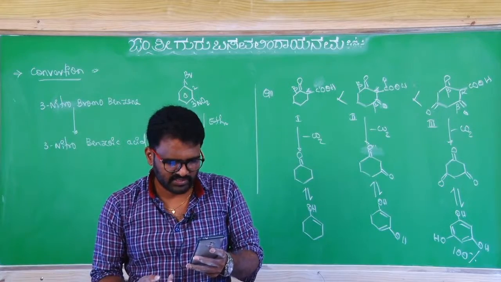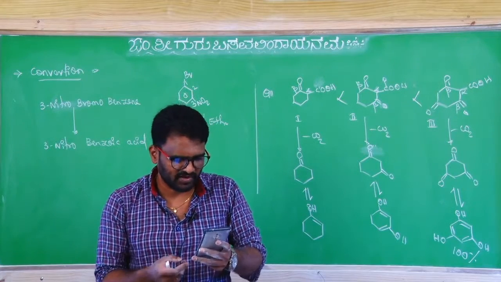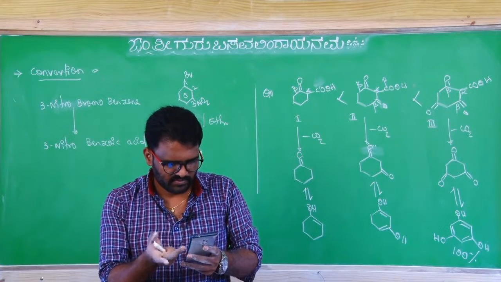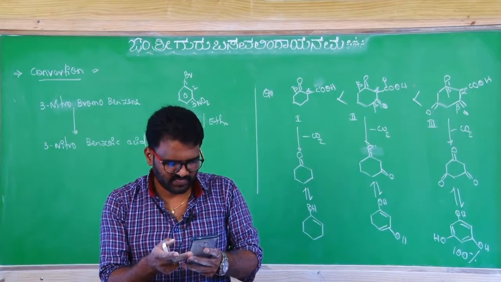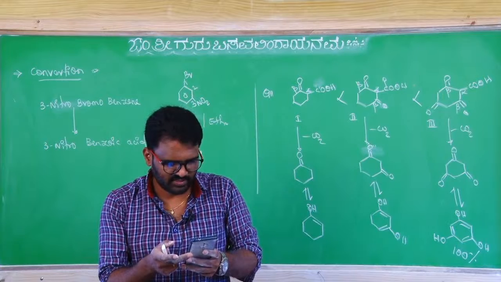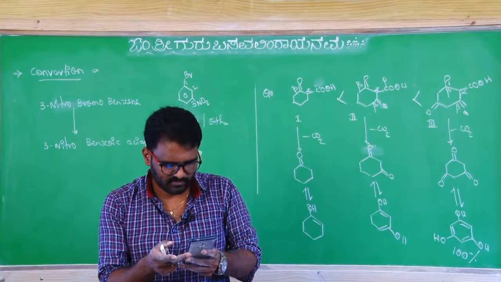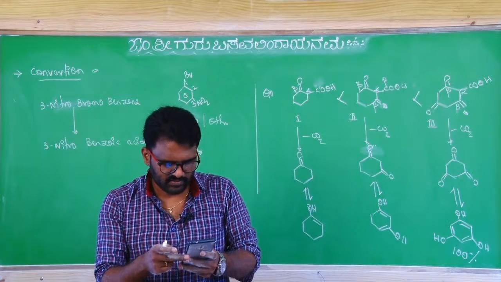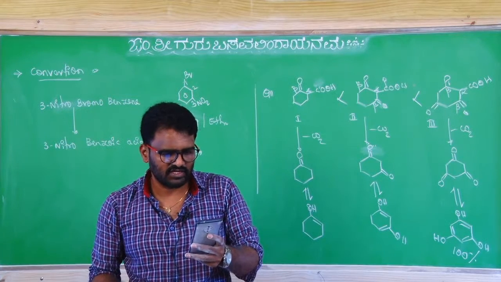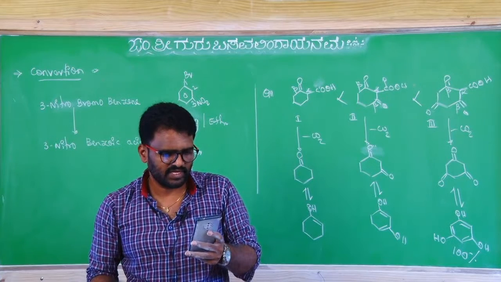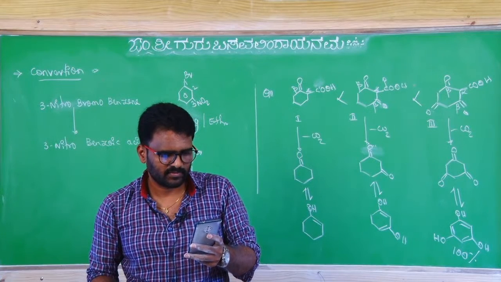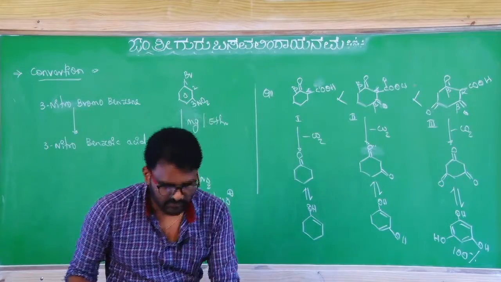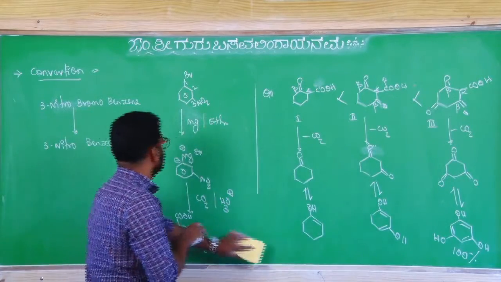Butanol to butanoic acid, exemplar question 12.5. Also very easy, you can convert it. 1-butanol to butanoic acid, benzyl alcohol to phenyl ethanoic acid. How will you convert benzyl alcohol into phenyl ethanoic acid?